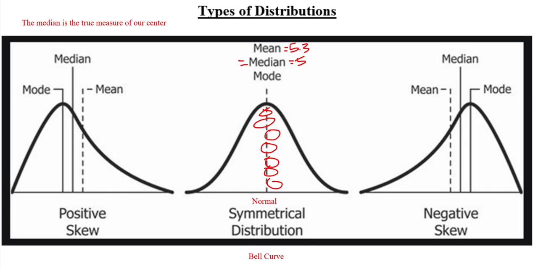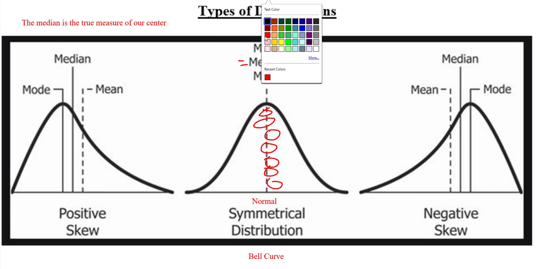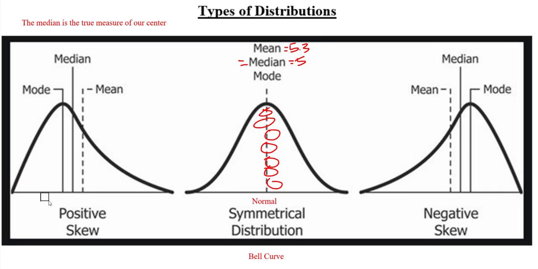All right, let's go to the one here on the left. I'm gonna type this one in also. When we have a positive skew, this is also known as skewed right. So you might have heard of skewed right.